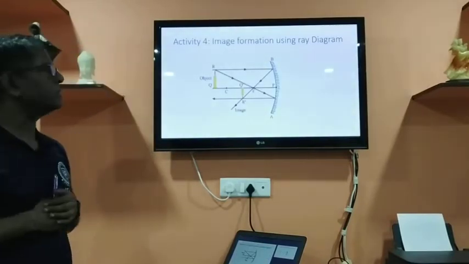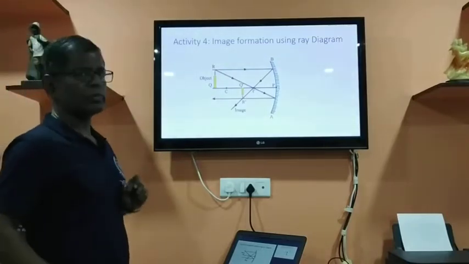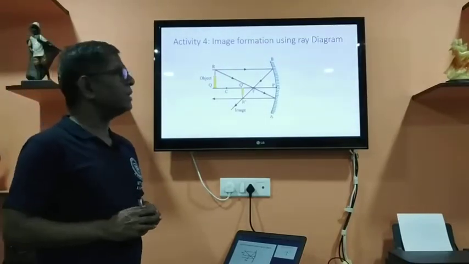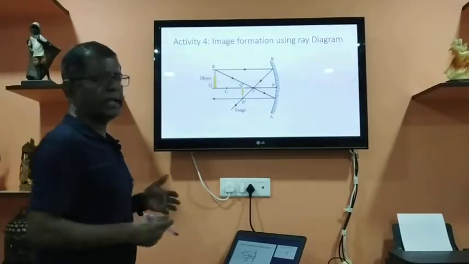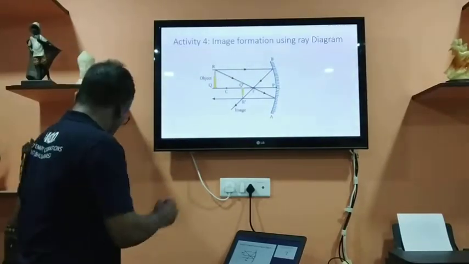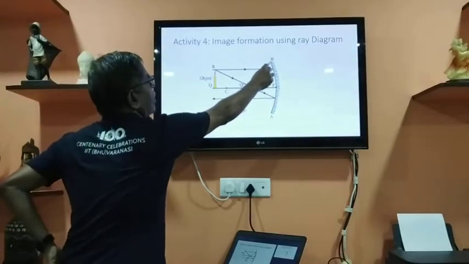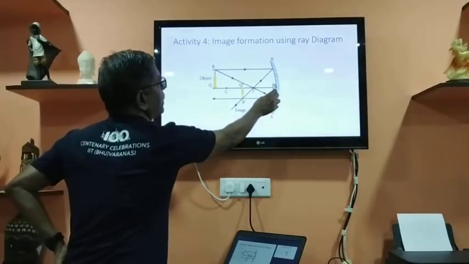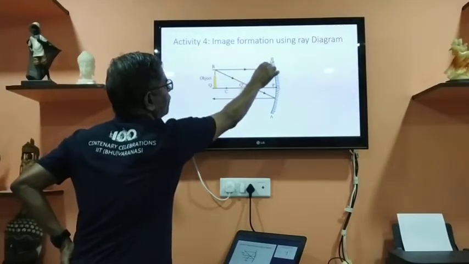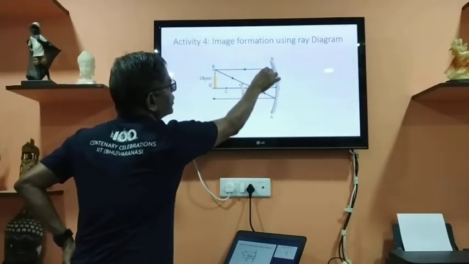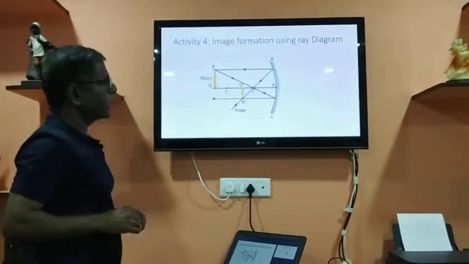In this case, first you have to draw the sketch of a concave mirror. So you take a plain paper and draw a concave mirror and locate the pole. The pole will be at half of B and A, so it will be in the center of the mirror.